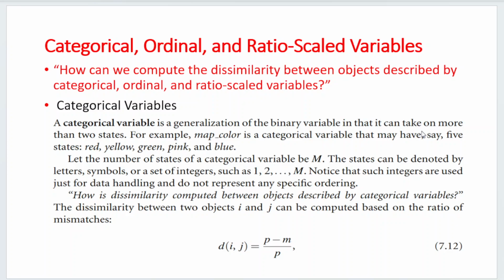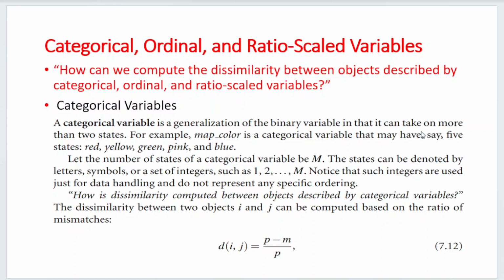We have many values for the categorical variables. If you take the example of map color, it is a categorical variable that may have say 5 states like red, green, blue, pink, yellow, different kinds of map colors. That is called a categorical variable.